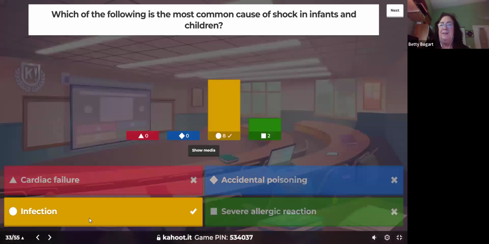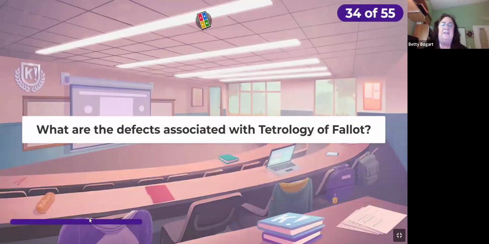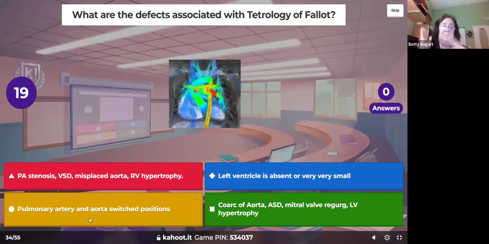It's infection, sepsis. Very good. What are the defects associated with tetralogy of Fallot? So remember, right-sided again. There's only one here that has all right-sided stuff.